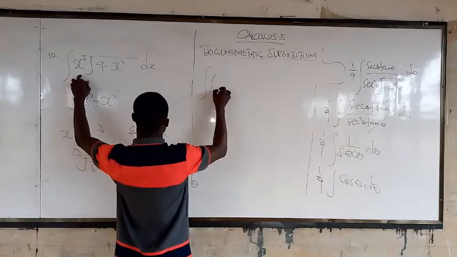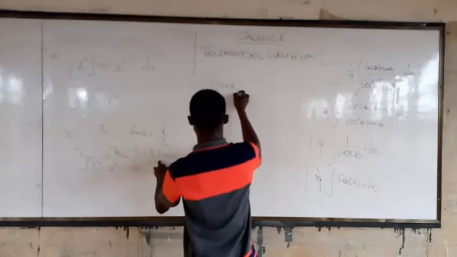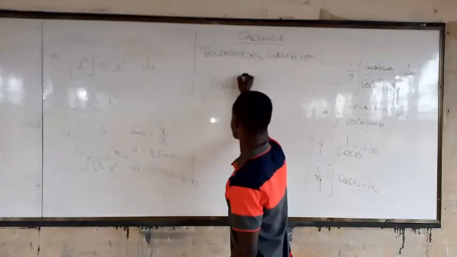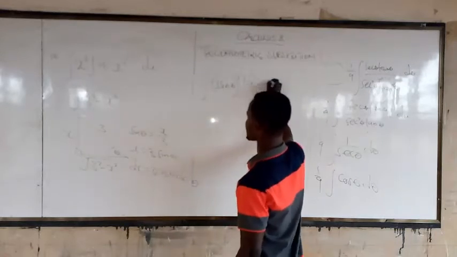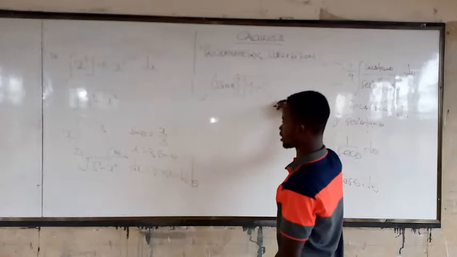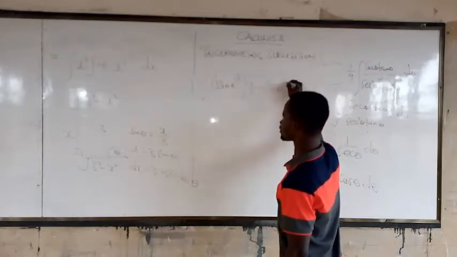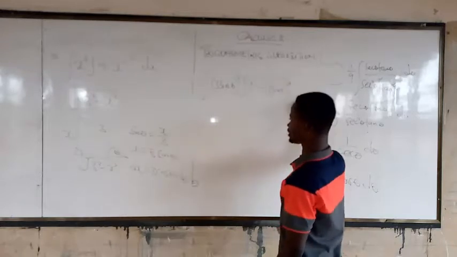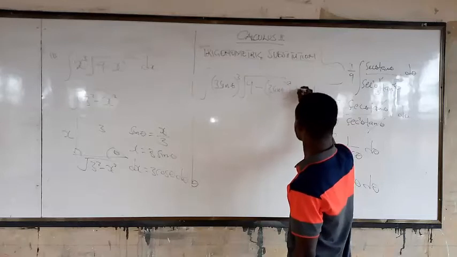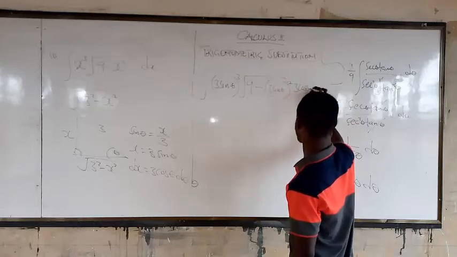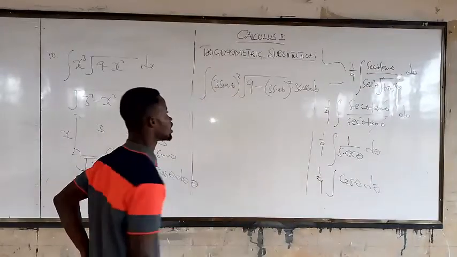So s is what? 3 sine theta over 3 square root of 9 minus s squared, where s is 3 sine theta. And ds is what? ds is 3 cos theta d theta.